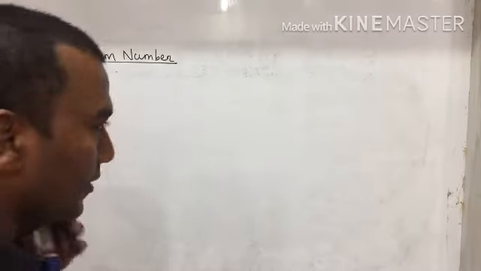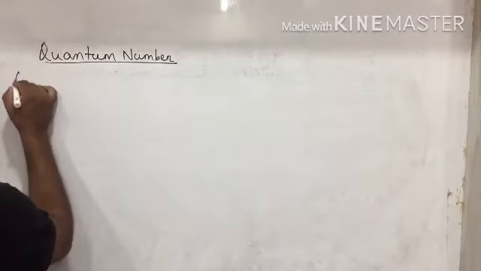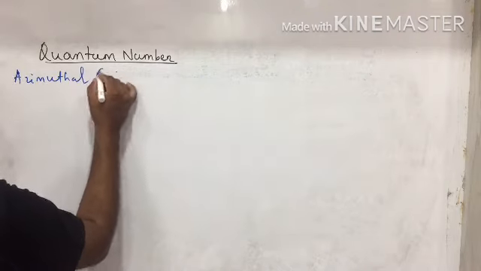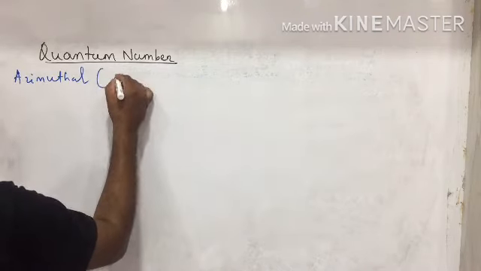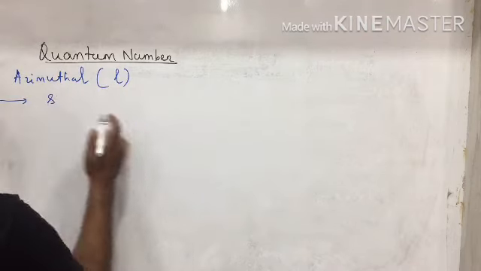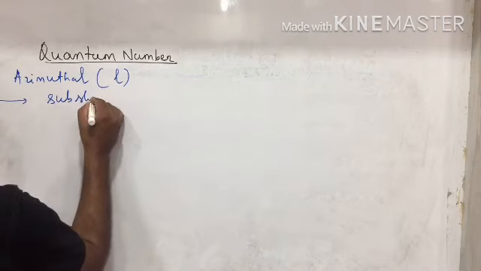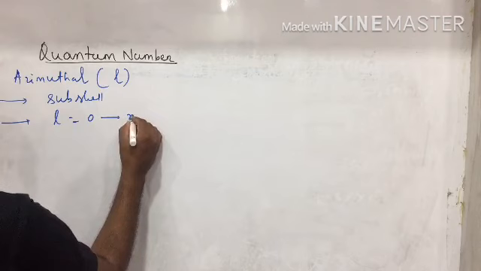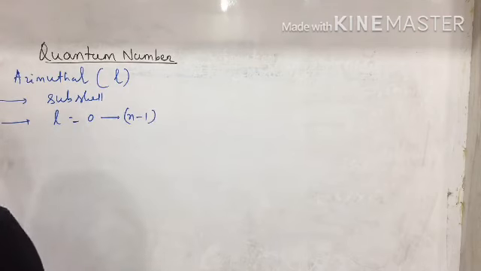Okay. Then next come to azimuthal quantum number. So after principal quantum number, next is azimuthal quantum number. The azimuthal quantum number symbol is l. First, it gives an idea about the subcell. l equals 0 to n minus 1.